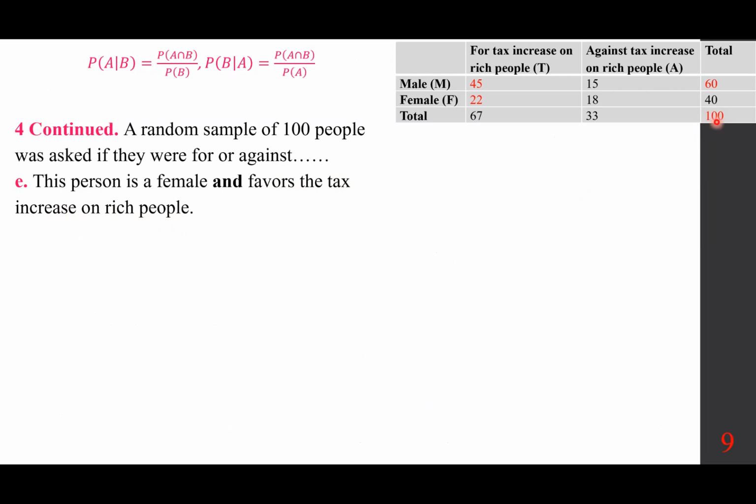Otherwise, it's always the original size, which is 100. Now, in this case, we want probability of F intersection T, and that is N of F intersection T over N of S. As always, I like to start with the denominator, which is total of 100.